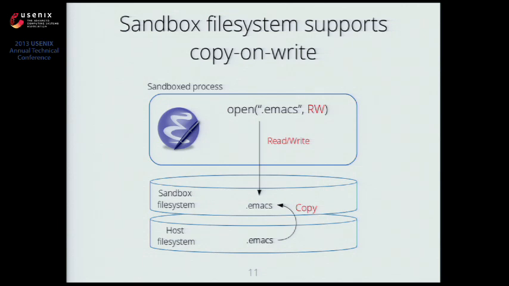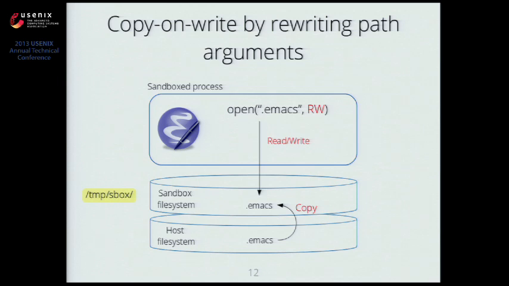Then how does this mechanism work? In fact, the Sandbox file system is a regular directory. In order to make the Sandbox process to access the file in Sandbox layer, we simply rewrite the path argument of open system call by appending the path of Sandbox directory.